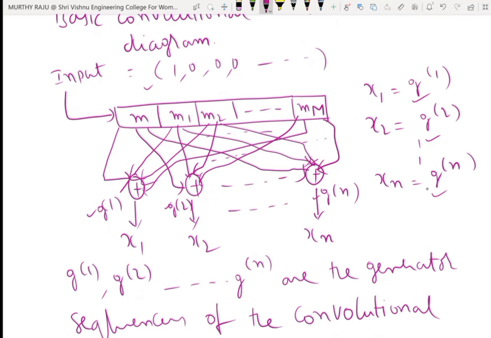The generator sequences are nothing but the impulse responses of the modulo 2 adders of this convolutional encoder when the input to that convolutional encoder is 1, 0, 0, 0, and so on.